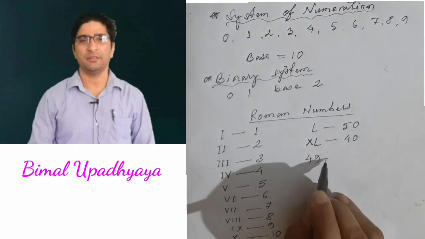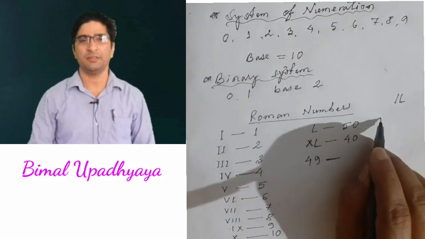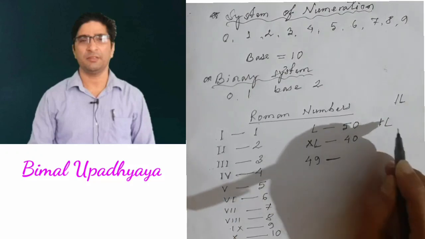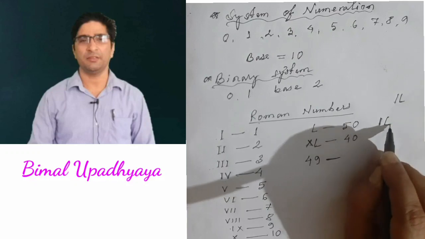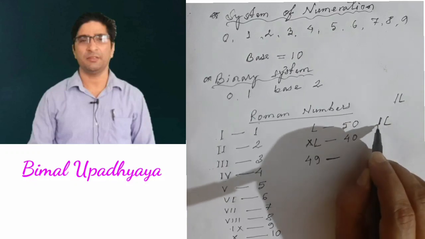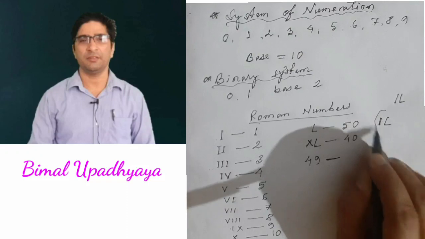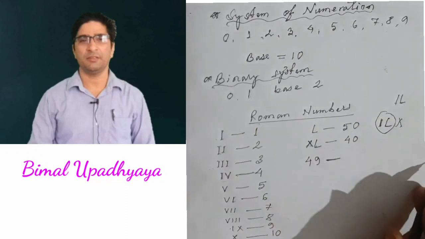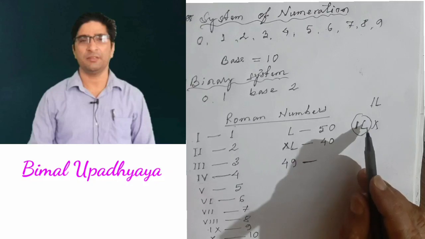Now how will we write 49? Can I write it as IL, that is 50 minus 1? No, I cannot, because another rule is that to the left of L we cannot write a single digit number.